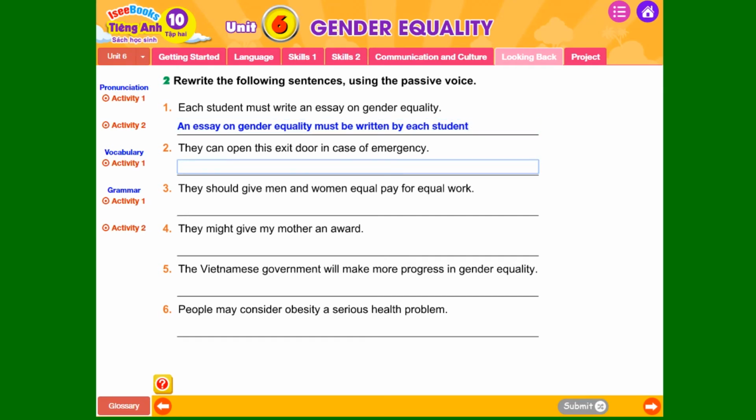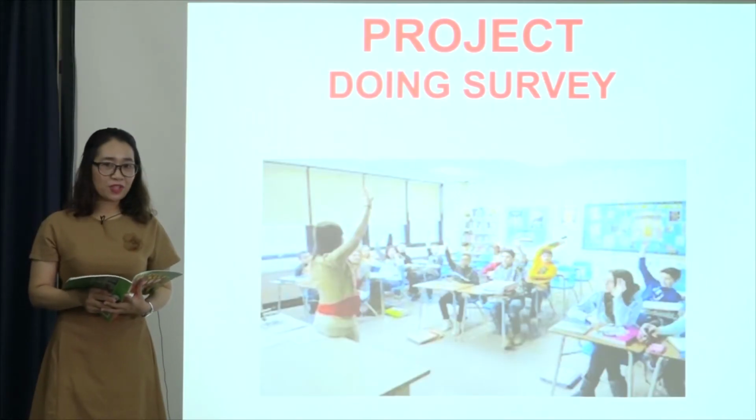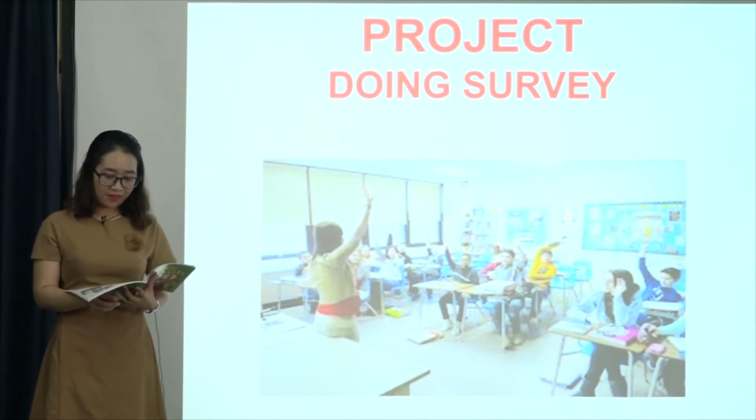And we continue, read from number 2 to number 6 and continue doing the exercise, and then press the submit button to track your answers. And we come to the second main part today, project. In the project, we do the survey.